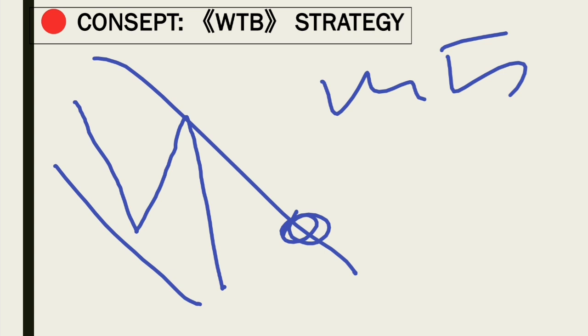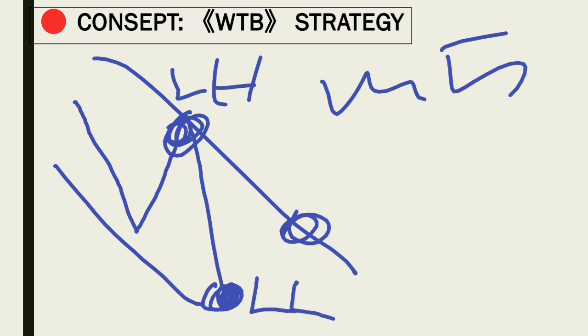Before we execute, remember we have a higher low here. We have come back to form a new lower low. This is a lower high here, and in M5 we have come to form a new lower low. So when the market forms a new lower low, we are waiting for minute 5 to break this trend line.